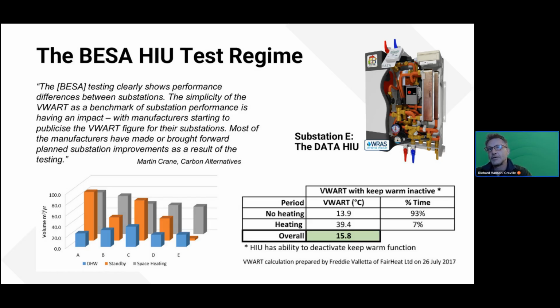This is an HRU that we were part of the design of when we were manufacturers, in which the VART figure, the volume weighted average return temperature, was the key metric that has driven the quality of HRUs by putting it on public display, so competitors are competing against each other around a single metric. And everyone's seen how that drove change within a year. All the manufacturers were pulling their socks up. And the same principle can apply to heat networks.